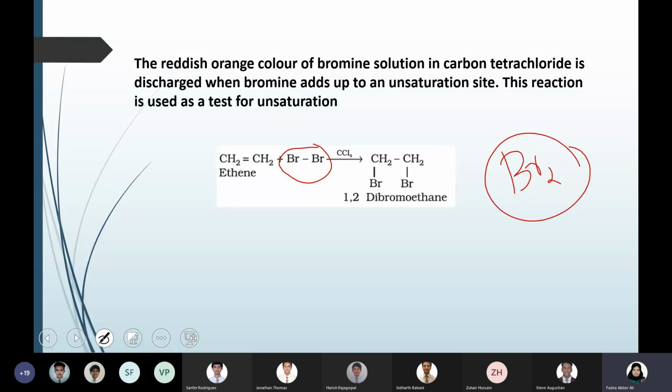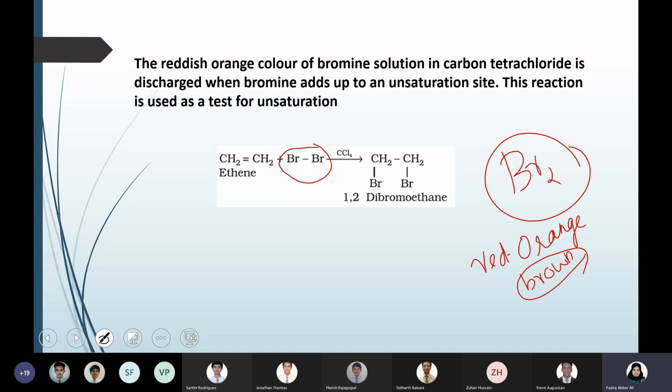Fluorine and chlorine are gases, bromine is liquid, and iodine and astatine are solid. Bromine is a liquid which is red-orange or reddish brown in color, somewhat like brown with an orange tint. So that is the color of bromine.